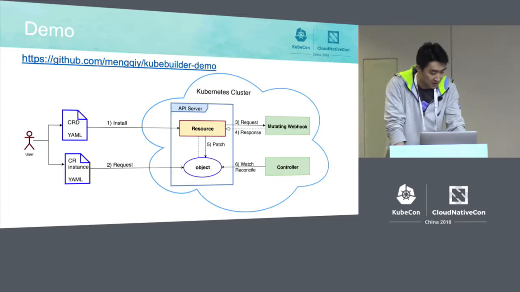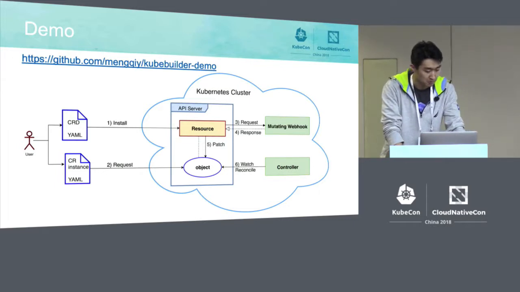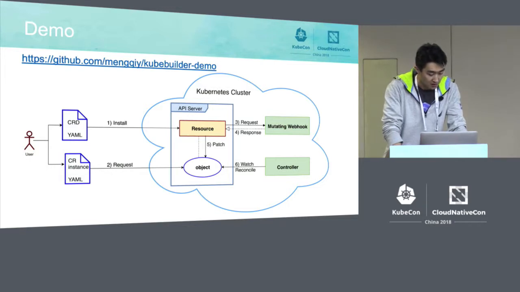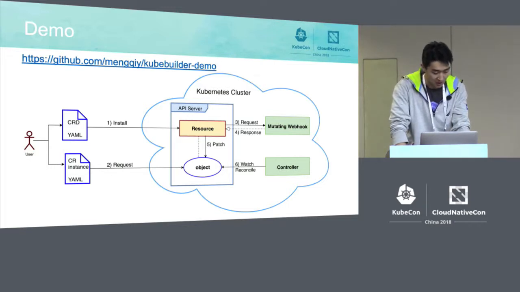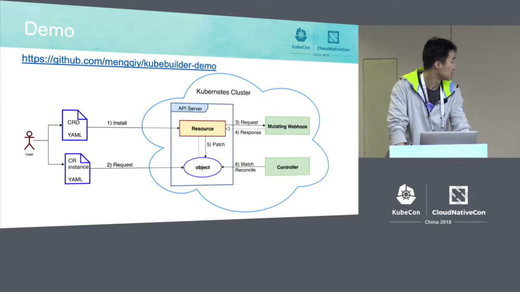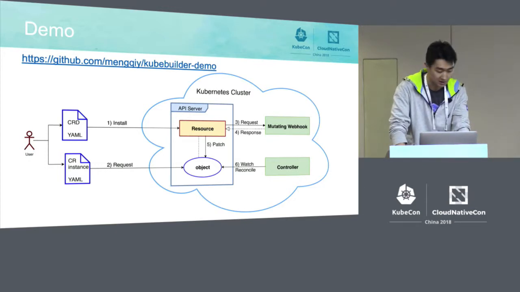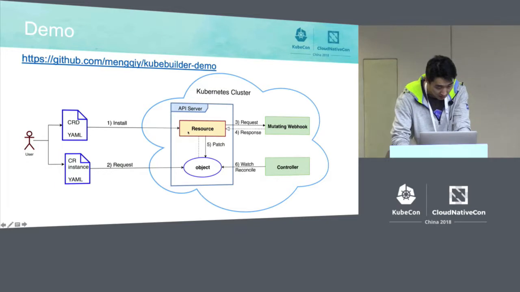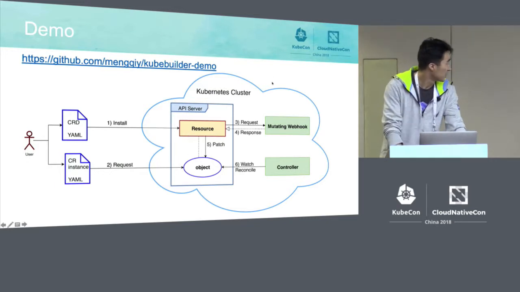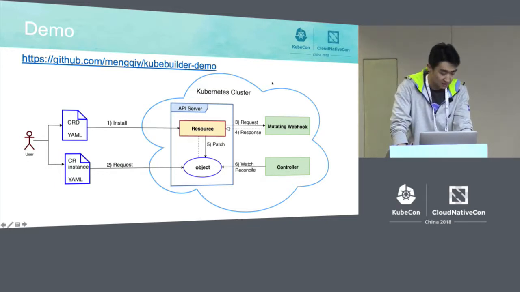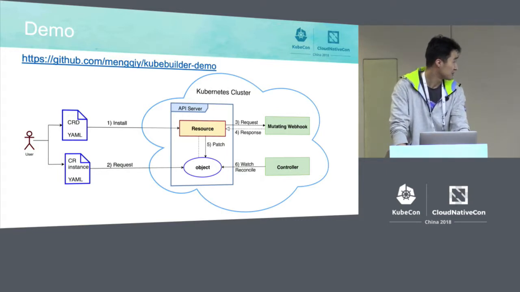After that, we will fill in some business logic, then build the image and deploy it in the Minikube cluster to test and verify that things work correctly. Due to a networking issue, I cannot start a Minikube cluster, so the live demo has to fall back to a recording.